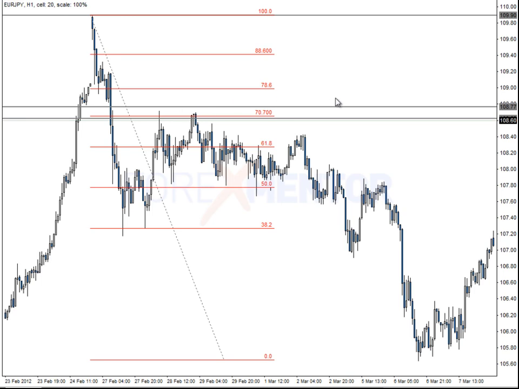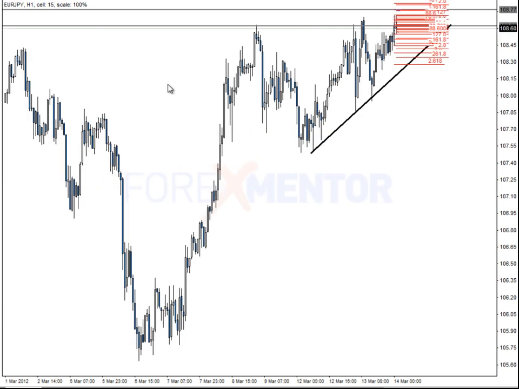Remember, they need liquidity, and the stop losses are going to be sitting above here. So people like to hunt those stop losses and then use that liquidity to position themselves in the right manner.